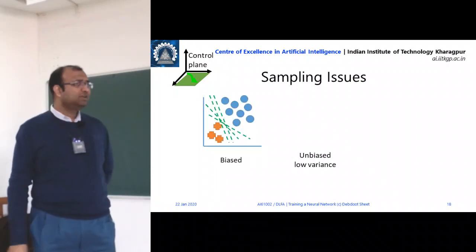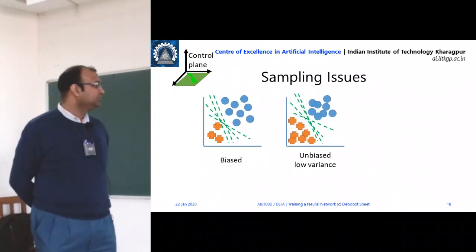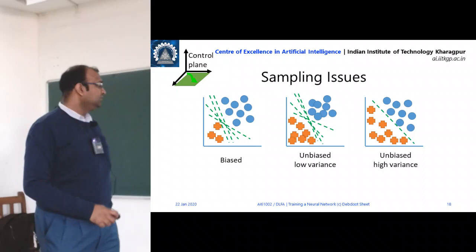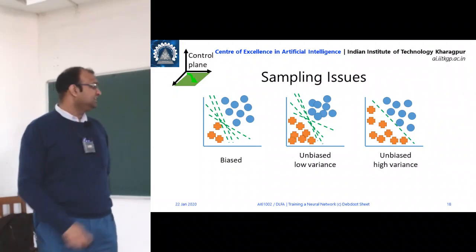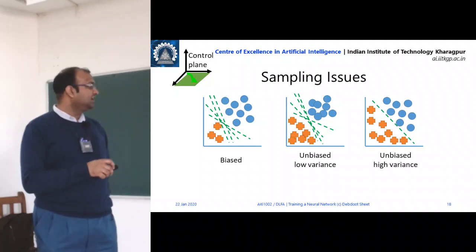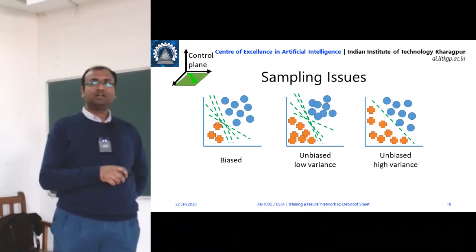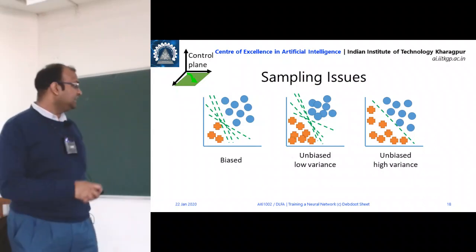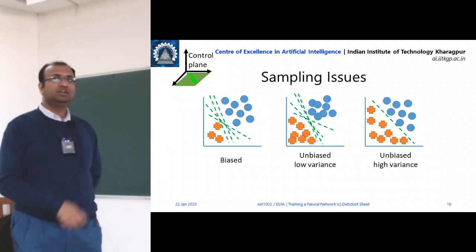Now there is one very critical issue in terms of what is called as bias variance challenges which would ever come down. Now typically what you would see is that in a lot of problems you would have data points coming from one class which is very high and from the others which is very low. Now that kind of a problem is what is called as a bias problem.